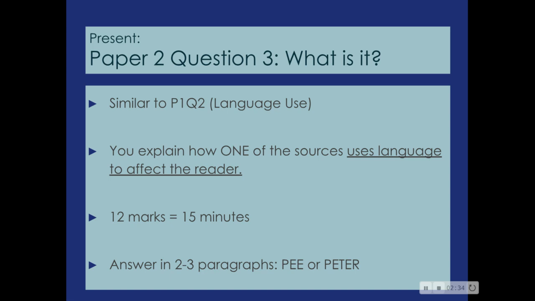This is a 12-mark question, whereas Paper 1, Question 2 was only an 8-mark question. So you're going to want to spend closer to 15 minutes on this question, instead of just the 10 minutes you might have spent on Paper 1, Question 2.